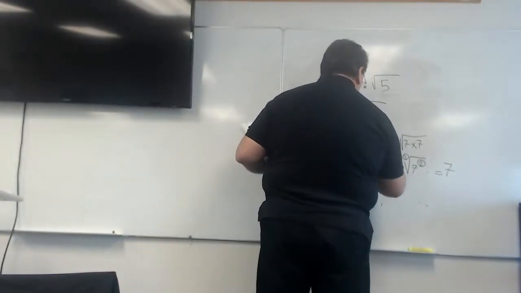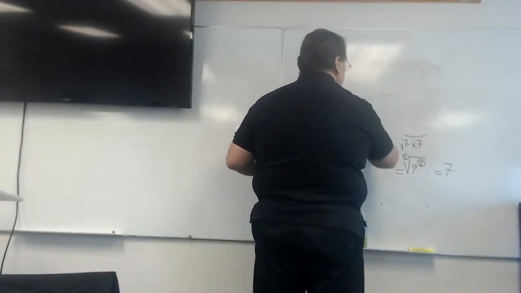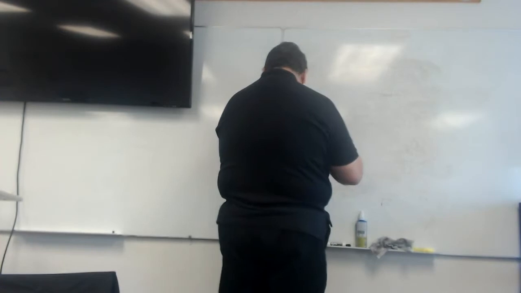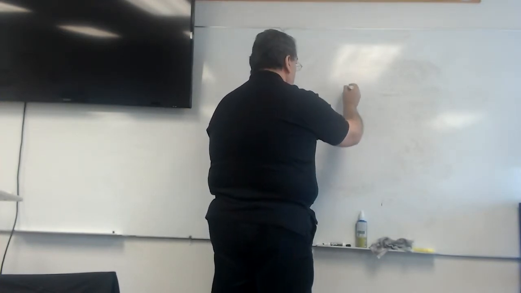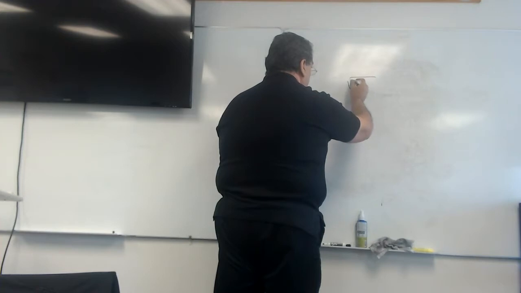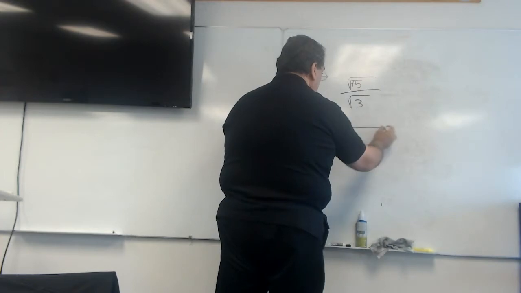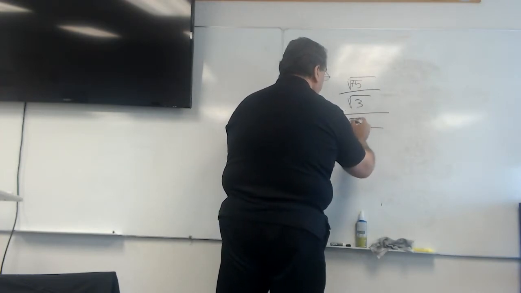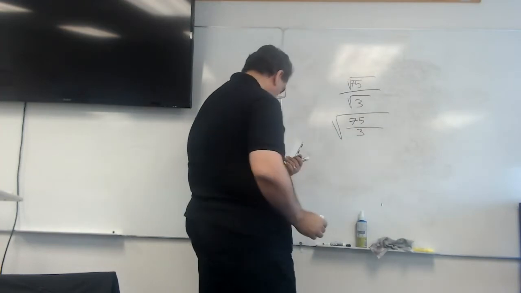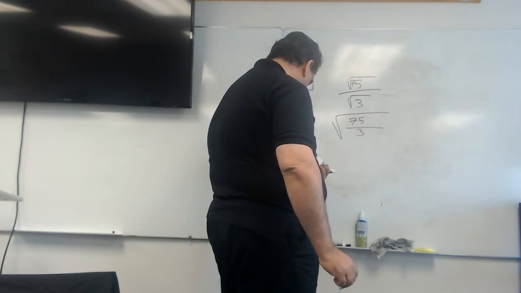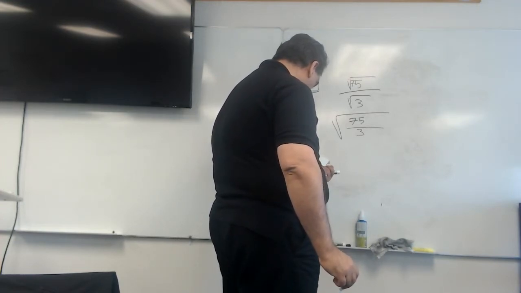Dividing the square roots, page 267. Again, some examples. For example, if we have the square root of 75 divided by the square root of 3, since the roots are the same, we can write it as one root, 75 divided by 3.